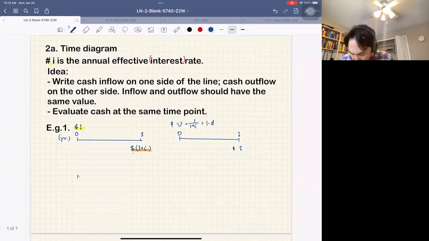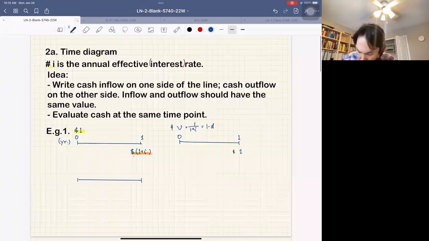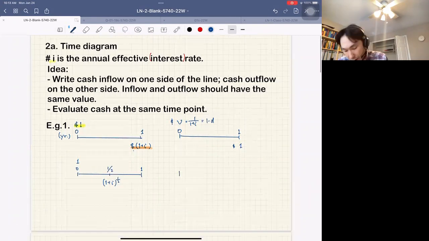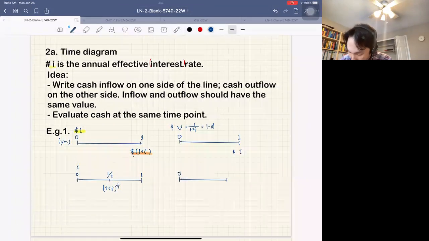Or we consider a half year of interest. If the annual effective rate is I, then after a half year, $1 becomes 1 plus I to the power 1/2. So this is also a correct time diagram. Or sometimes we have a different scale, such as month.